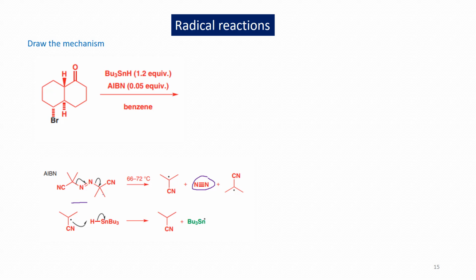Now this radical can take a proton from this tin complex and form this radical tin complex. Now that will react with our substrate. So try to guess what will form. I just gave an idea how the reagent will behave.